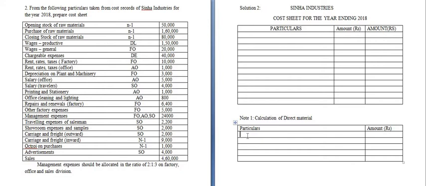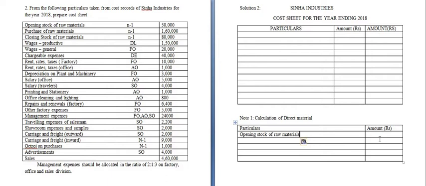For that, write down note number 1, calculation of direct material, with 2 columns, one is particulars, second one is amount. Under particulars, first we will have to take opening stock of raw materials. Wherever note number 1 we have written, all such things have to be taken under note number 1.